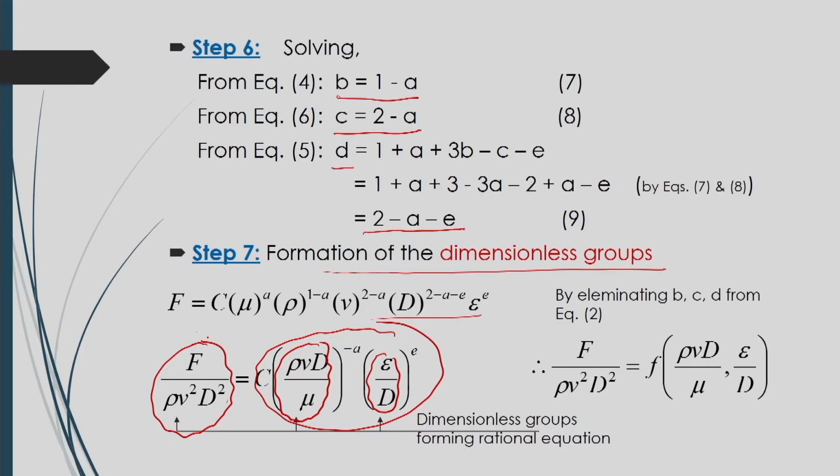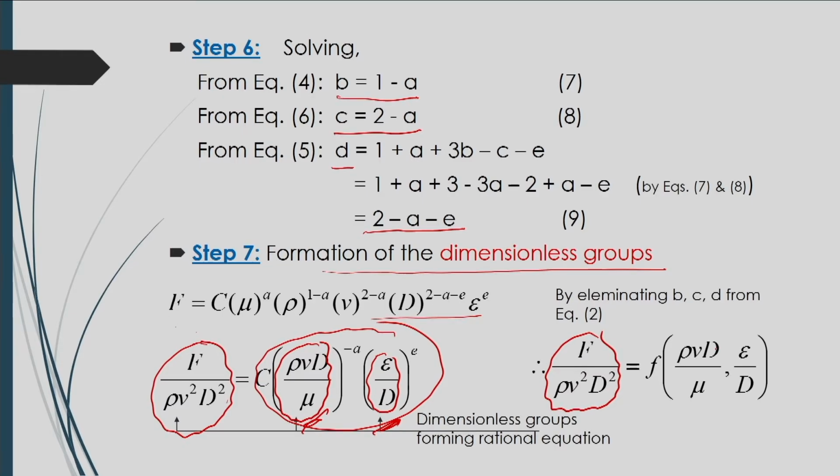Then the dimensionless group made from the flow resistance is the dependent dimensionless group, whereas the independent dimensionless groups are this one and this one. So, we can write f by rho v square d square as a function of the dimensionless groups on the right hand side.